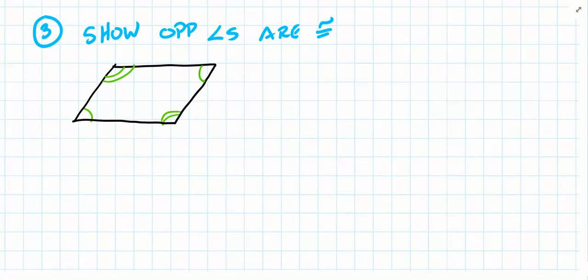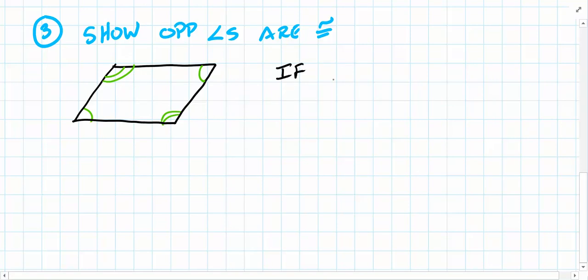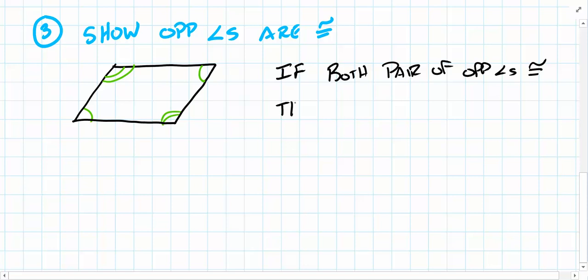Alright, the third way to show that a quadrilateral is a parallelogram is to show that opposite angles are congruent. So the theorem says this: if both pairs of opposite angles are congruent, then that's enough to say that the quadrilateral is a parallelogram.